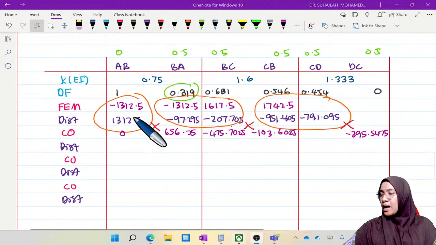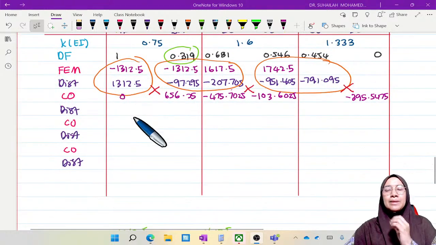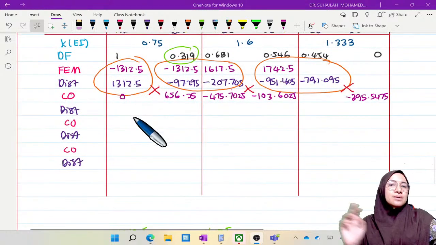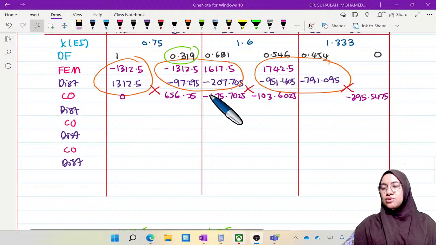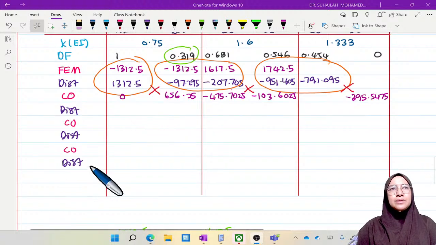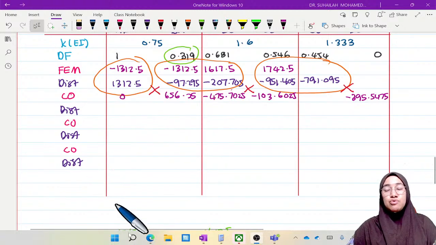So I want to shorten this by doing it in Excel, so that we can get the last distribution easily.